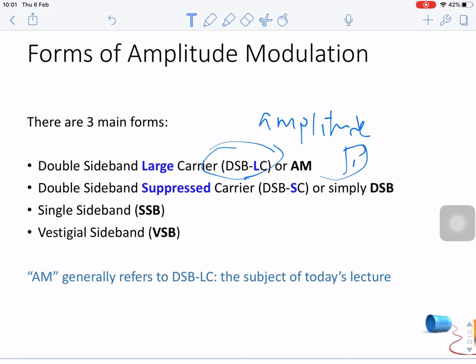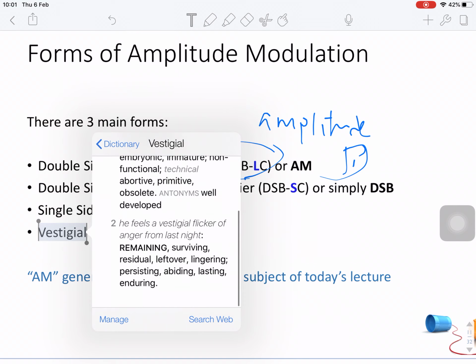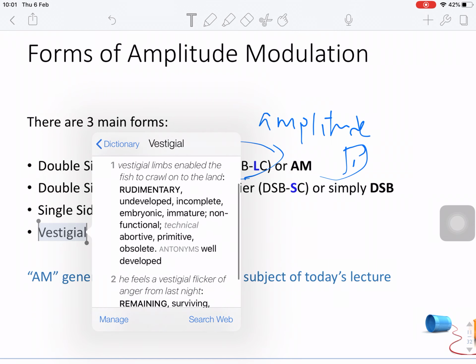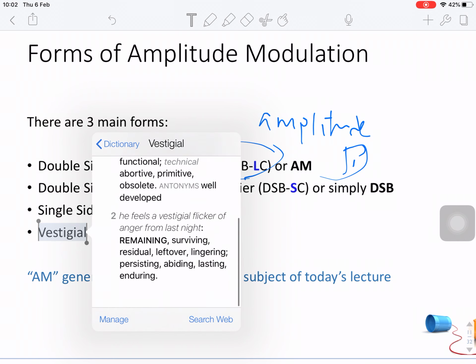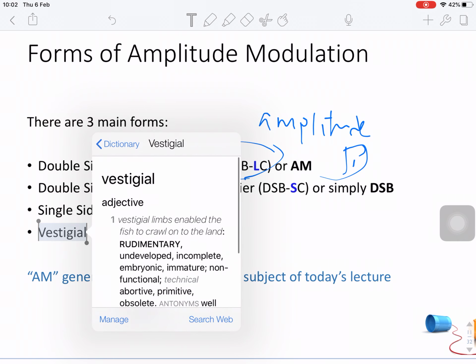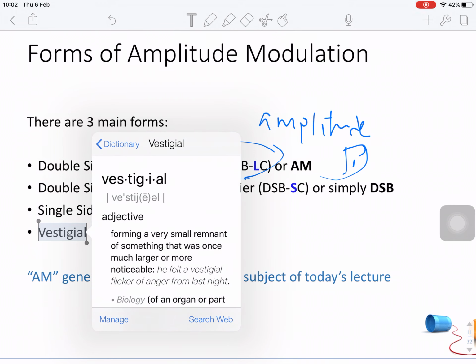So let's first look at what vestigial means. Vestigial means forming a very small remnant of something that was once much larger.